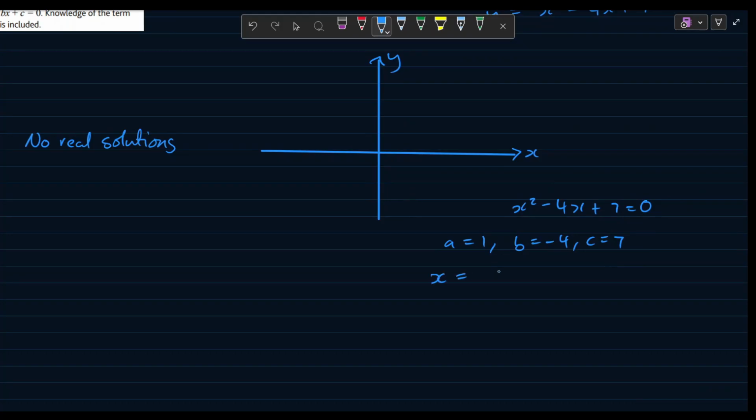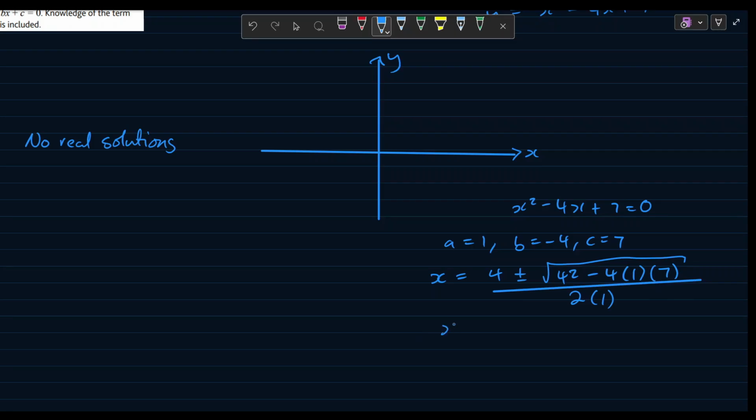So x is equal to minus b, so that's going to be a positive 4, plus or minus the square root of 4 squared minus 4, a is 1 and c is 7, and all of this is being divided by 2 times a, so 2 times 1.